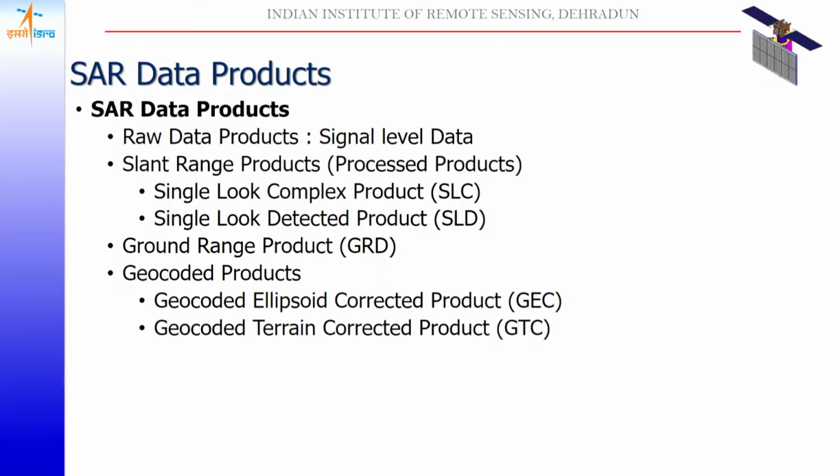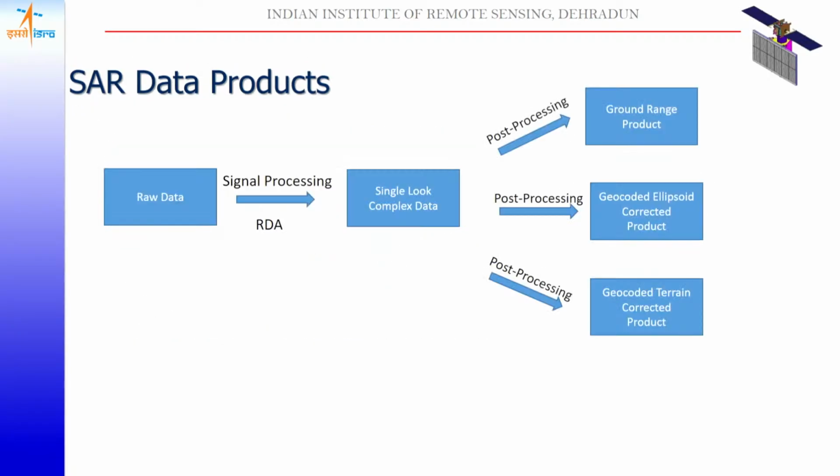The product is called either the GEC product, the earth ellipsoid corrected product, or, if we use a digital elevation model, the terrain corrected product. So these are the different products we get from the raw data after the RDA, the range Doppler algorithm.